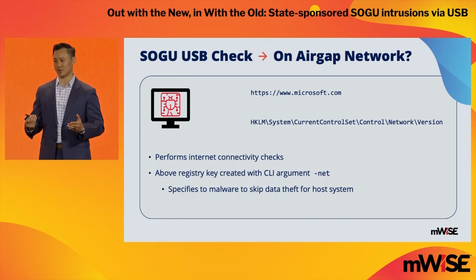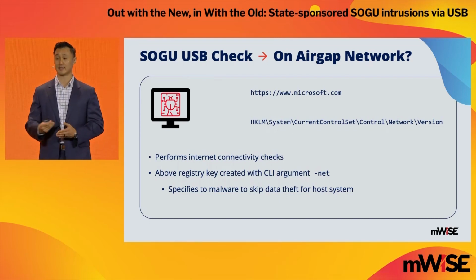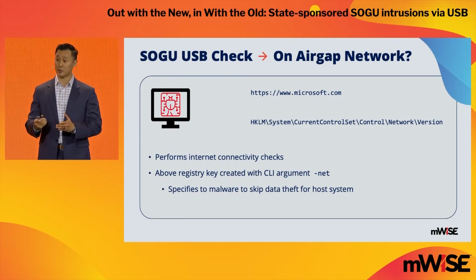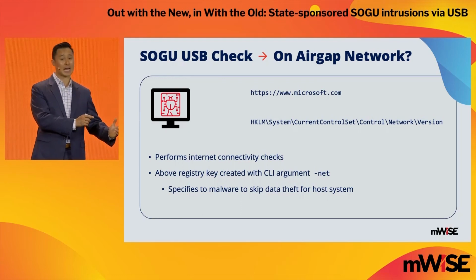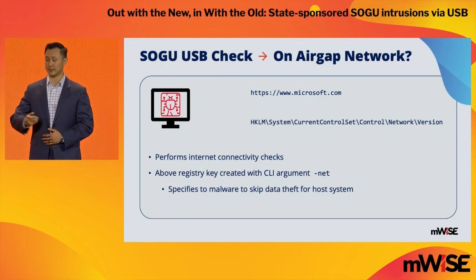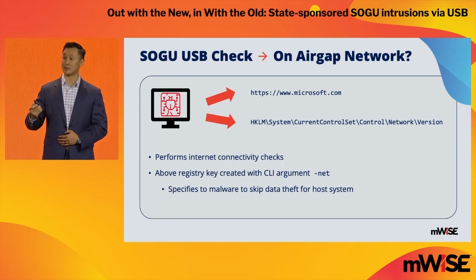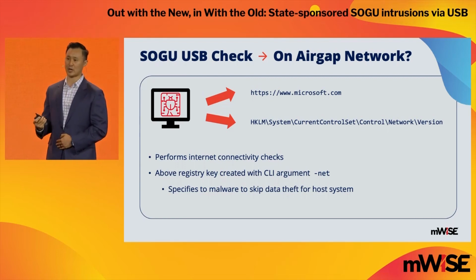So after propagation, the malware checks if it's on an air-gapped network. And this is to, one, either steal files on that air-gapped system, or two, copy stolen files on those infected USB drives and exfiltrate them to the SOGU C2 server. So it performs this check by attempting to connect to Microsoft.com or checking for the presence of a specific registry key.